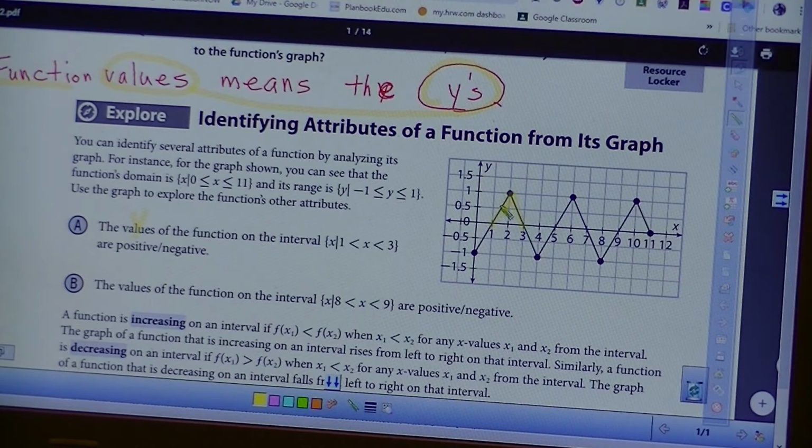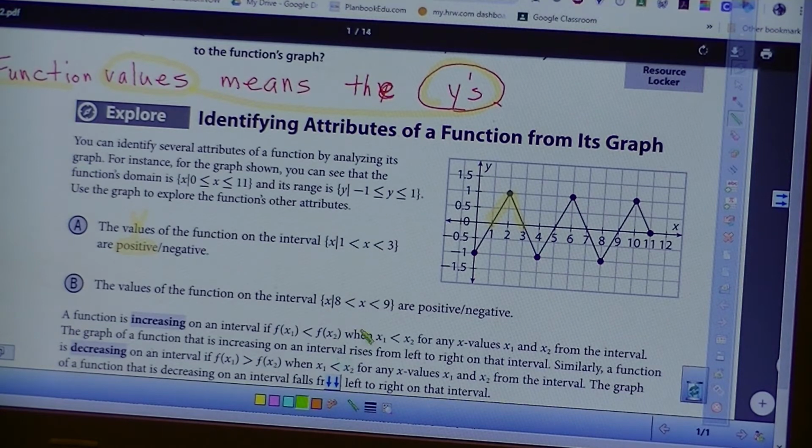On the highlighted stuff, are the y values positive or negative? Well, they're all above the x-axis, so they're all positive.